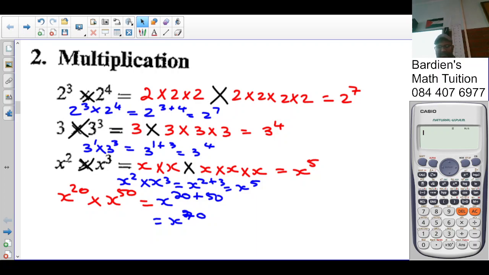So from this we can now conclude that, what would x to the power n times x to the power m be? You write it in your books quickly. What do you think it would be? Okay.